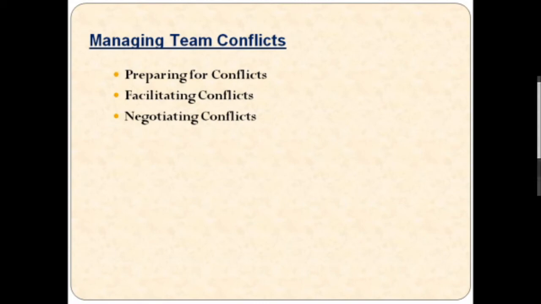The goal is to make it safe for team members to address task conflict without creating unwanted emotional problems within the team. This requires a sense of trust among the team members that dealing with conflict will not damage their relationships within the team.